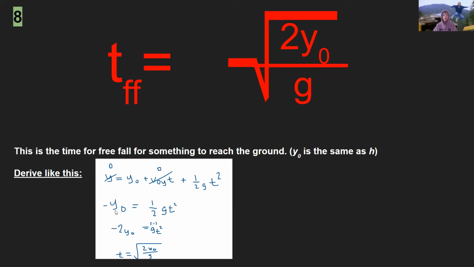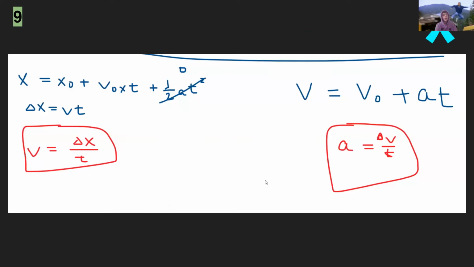Technically negative, but this is what I was talking about with the negative thing. That's how it ends up being positive, because technically g is -10. That's a little bit of a weird thing, but that's just something you have to know, because you can't take the square root of a negative. So that's how you derive it. And this is the same thing as h, just so you know. It's the height.